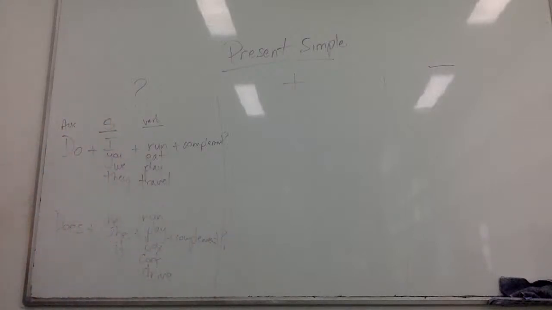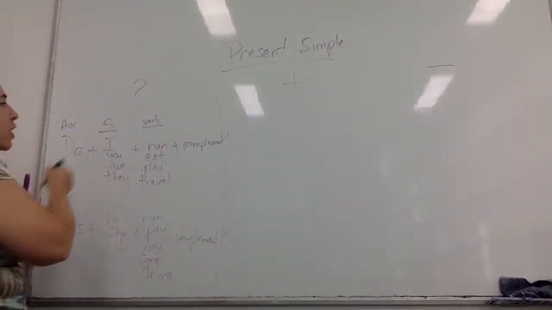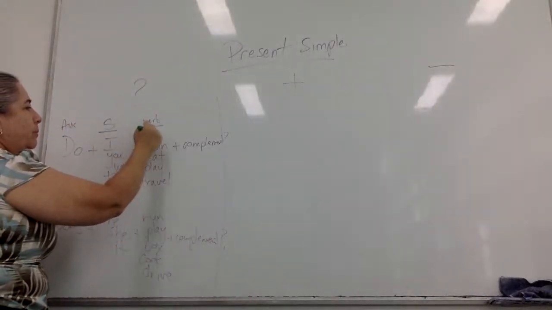Okay, so as Danny says, we have do and we have does. These are our auxiliaries. When I have do and does present in my sentences, my verbs will always be infinitive. And what does that mean? Original verb.